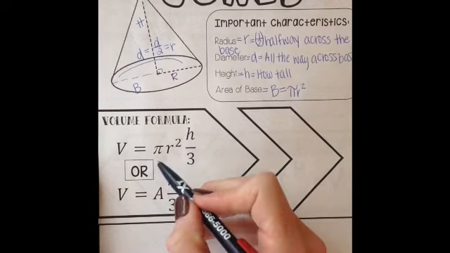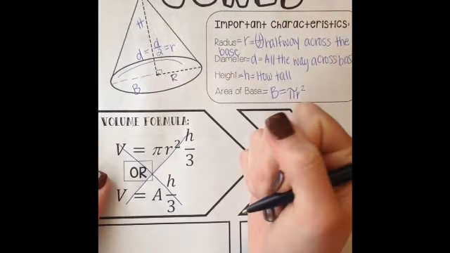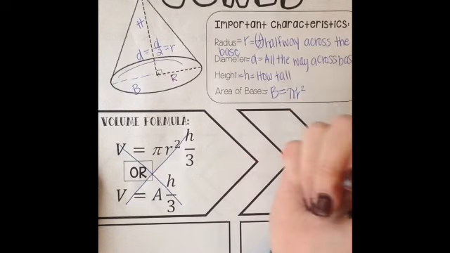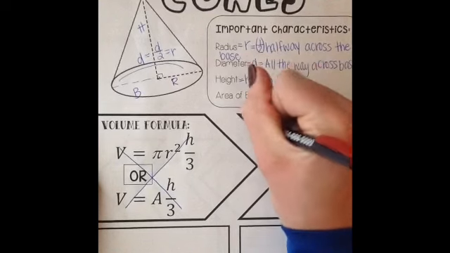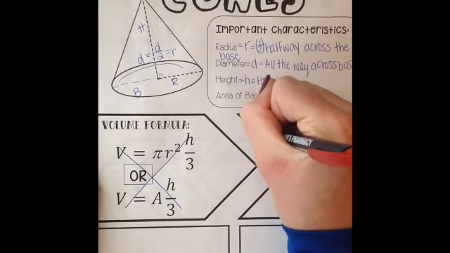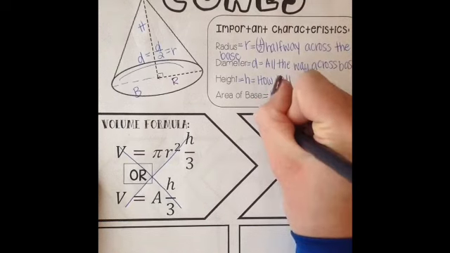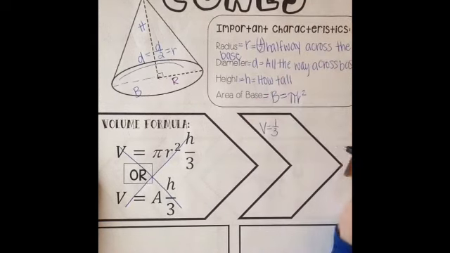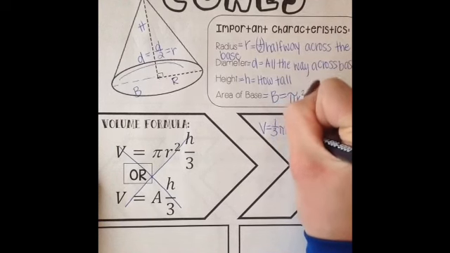Okay, so this is a formula that was already pre-printed. We're not going to use these two formulas. We're going to stick with what we would use on STAAR, that way you're not seeing something that you wouldn't be using and that's not on your formula chart. So we're going to use V equals 1 over 3 pi r squared times height.